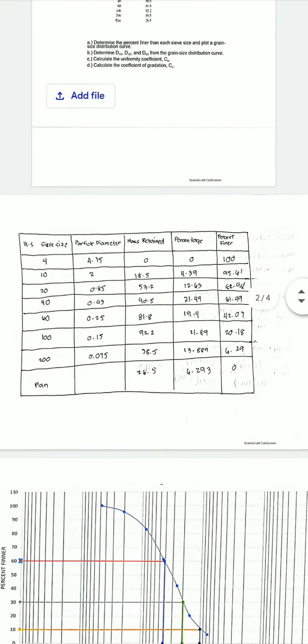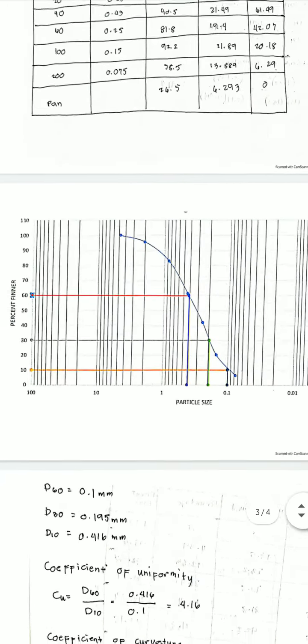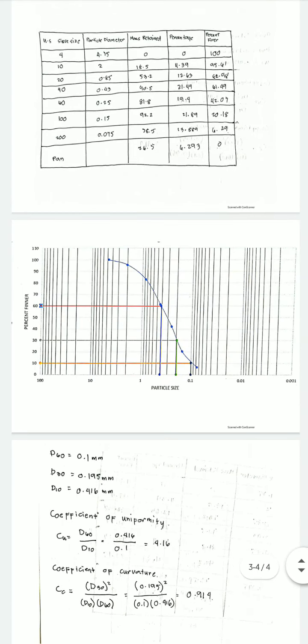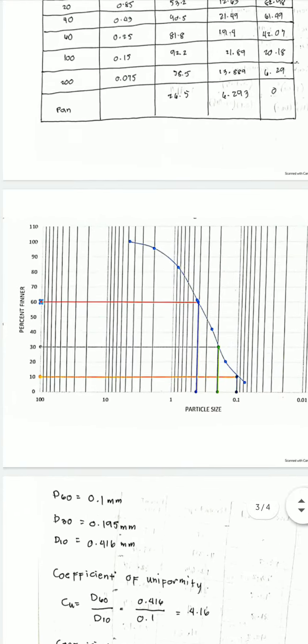So now let's talk about the graph of the particle size distribution curve. This is the graph.